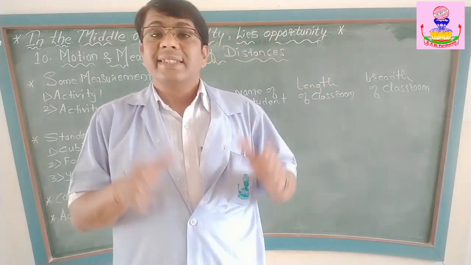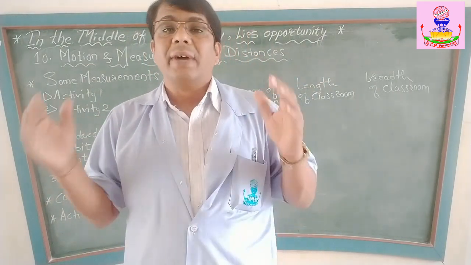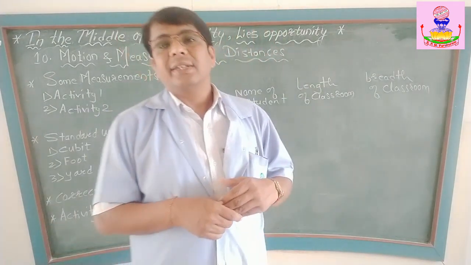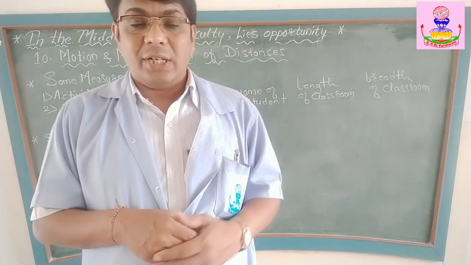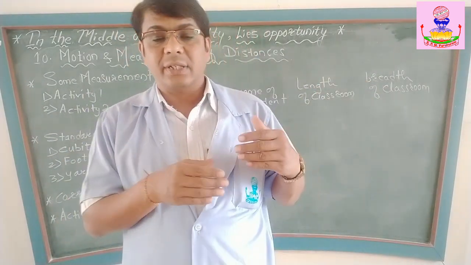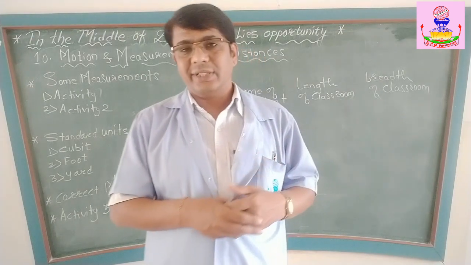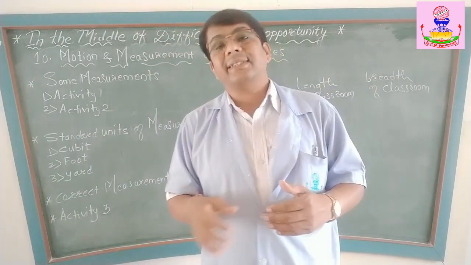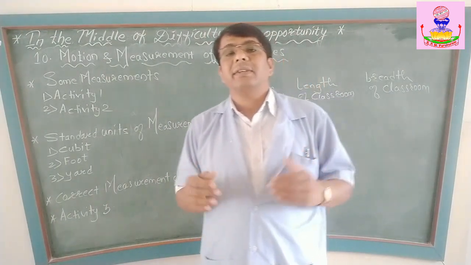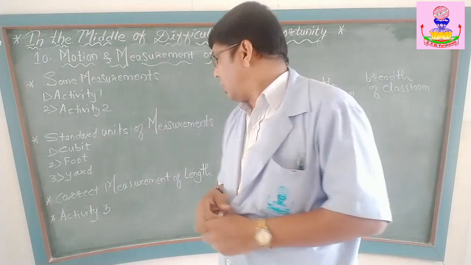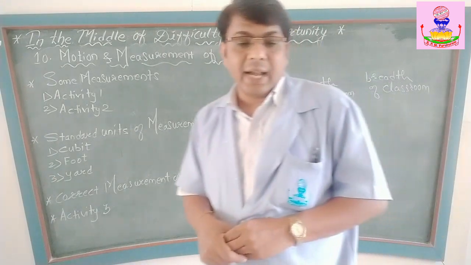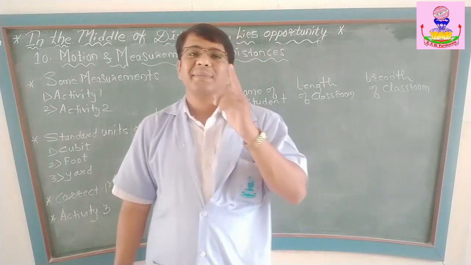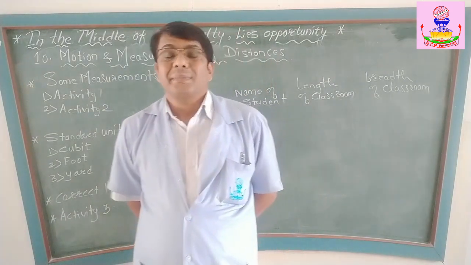And for the sake of uniformity, scientists all over the world have accepted a set of units of measurement, which is called the Standard International System of Units, also called the SI system. In the SI system the unit of length is meter.